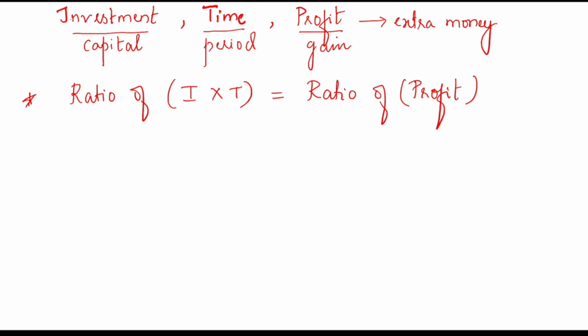For example, if A and B are two people who are investing in a business, then A's investment into the time for which A is investing, that is A's time, is to B's investment into B's time, as A's profit is to B's profit.